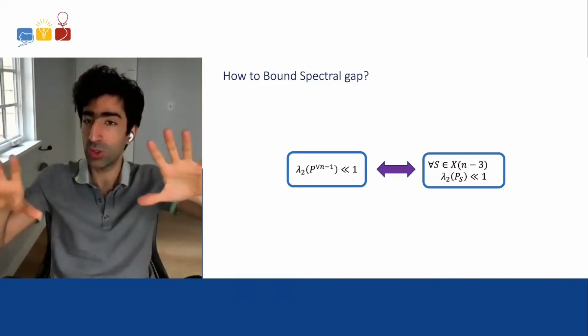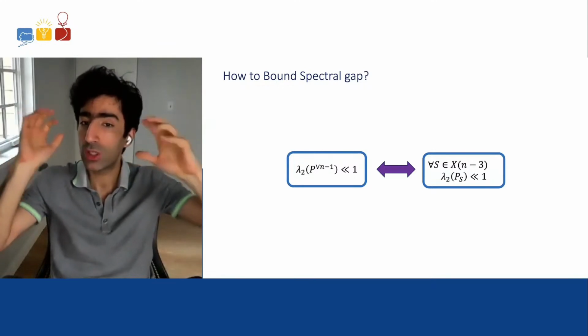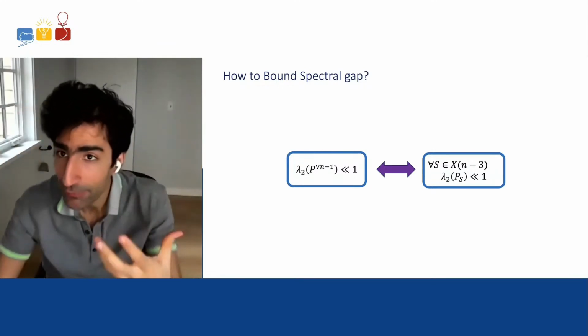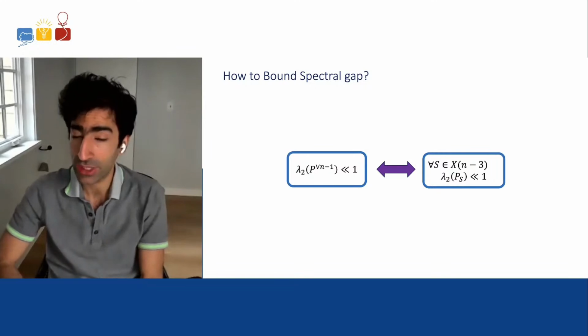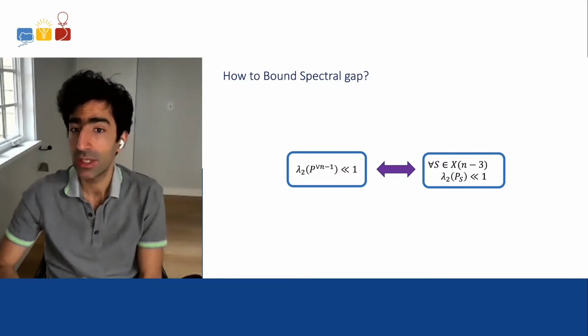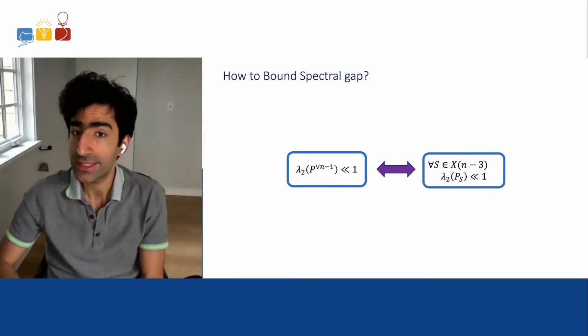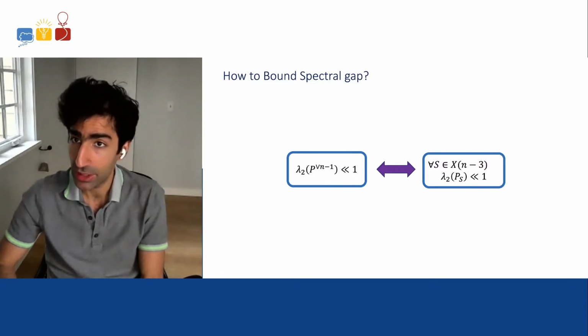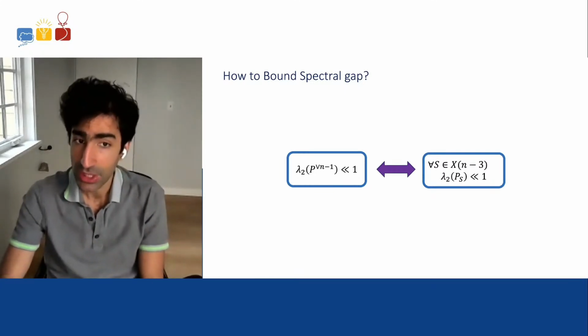This fact is the so-called local to global fact. It's a very fundamental property of simplicial complexes, and that's exactly what allows us to analyze the Markov chain on spanning trees and similar other examples.